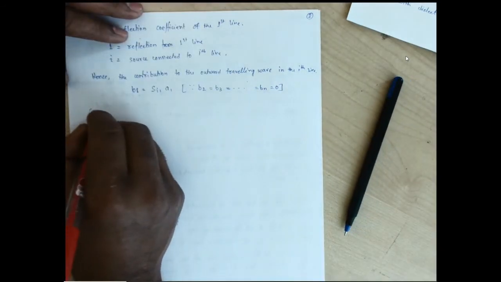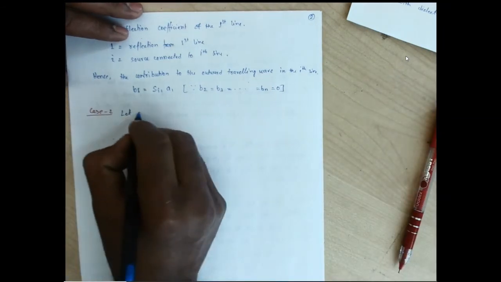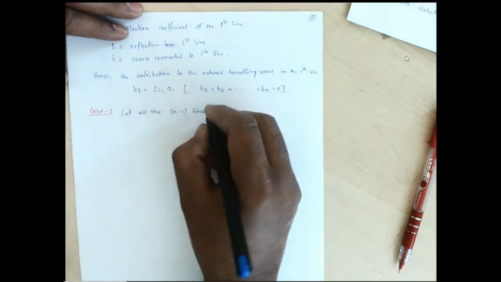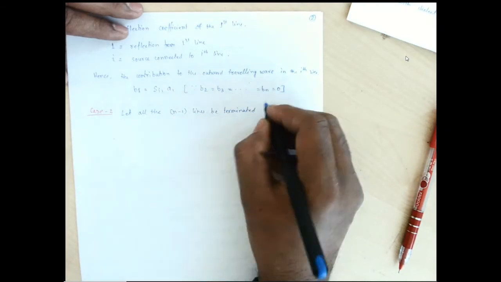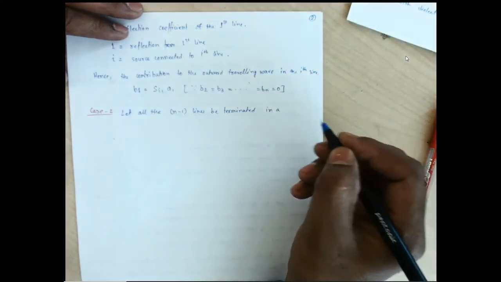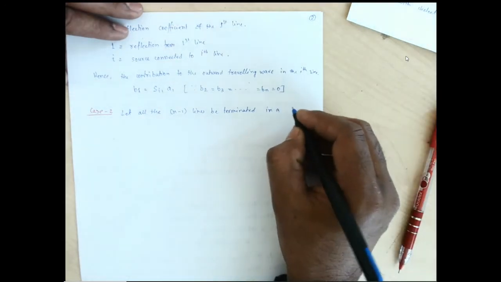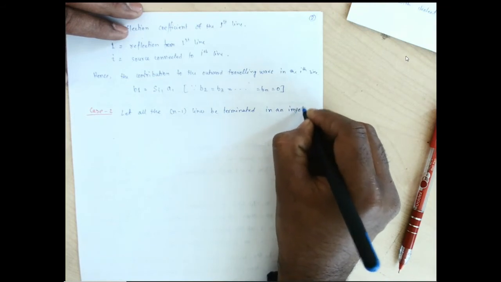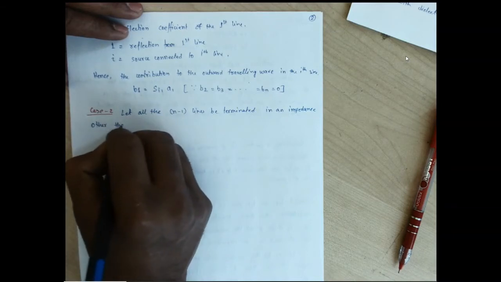Now let us take another case, case 2. Let all the n-1 lines be terminated in an impedance other than Z0.